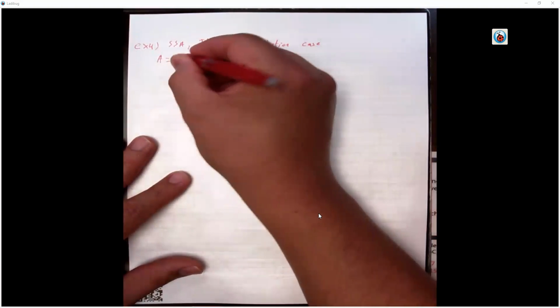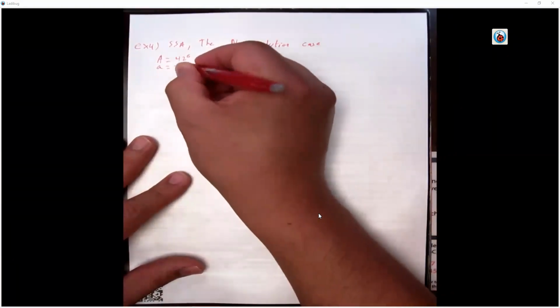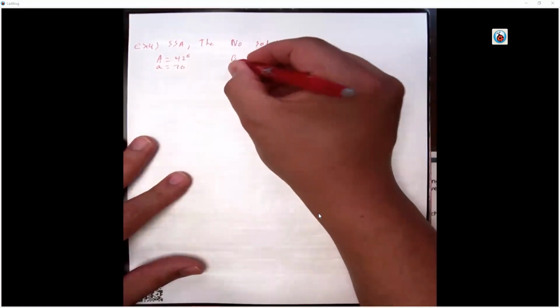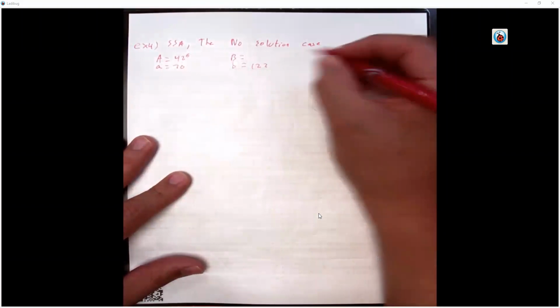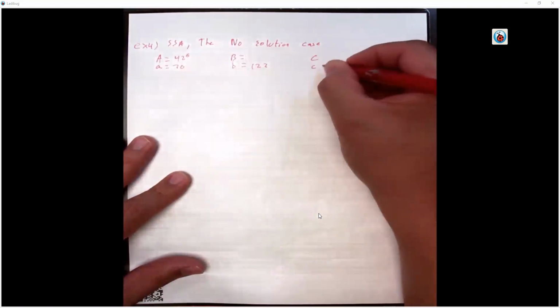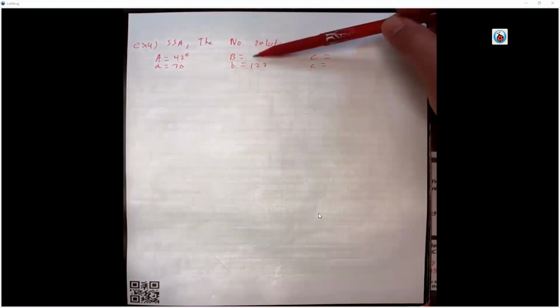They gave us angle A and side A. Capital B was not given. Little b was given. None of the C's were given. So we should start by looking at B, right?